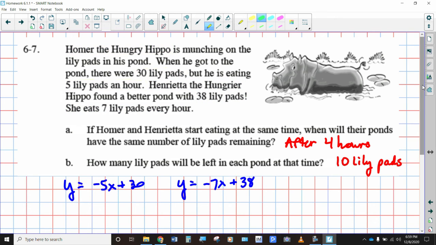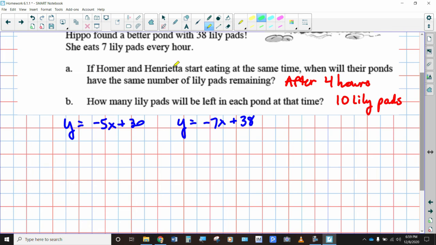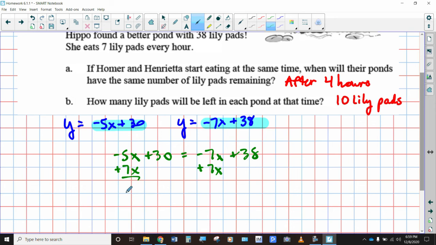So let's go ahead and solve the system of equations, where if y is equal to this and y is equal to that, then this has to equal that. So let's say negative 5x plus 30 has to be equal to negative 7x plus 38. So I'm going to choose to add 7x to each side so that I'll get a positive 2x on the left-hand side.